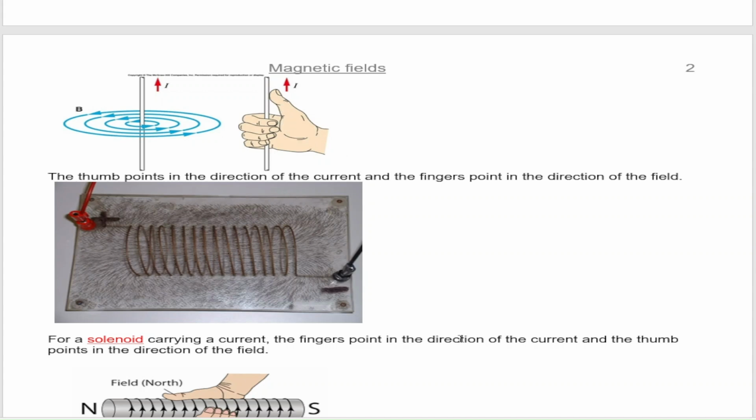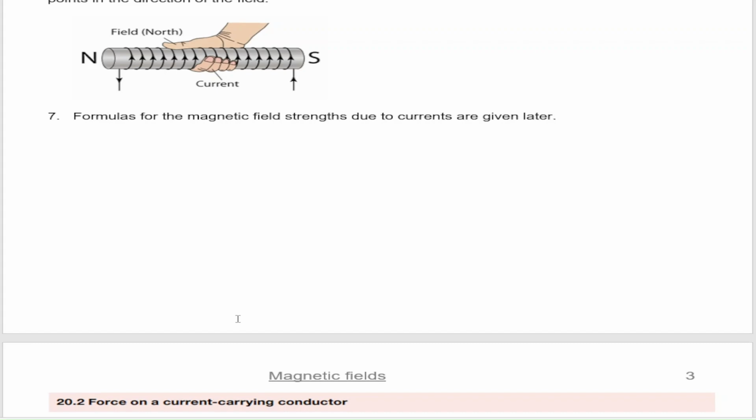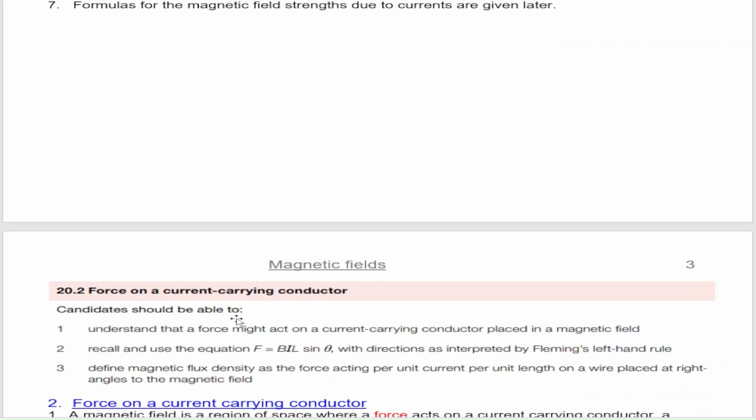Now, we can use iron filings to magnify these field lines that we're talking about. This does not tell you the direction, but you can see the pattern of the field. So for a solenoid carrying a current, the fingers point in the direction of the current and the thumb points in the direction of the field. So it's shown like that. We are going to look at the formulas later regarding this.